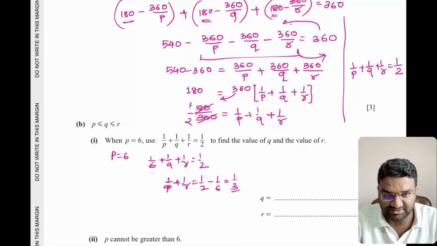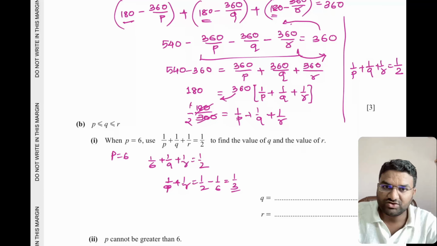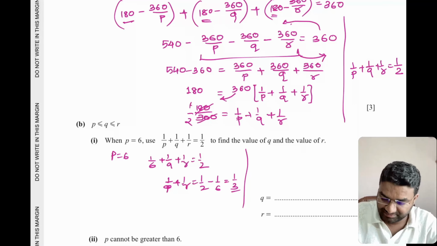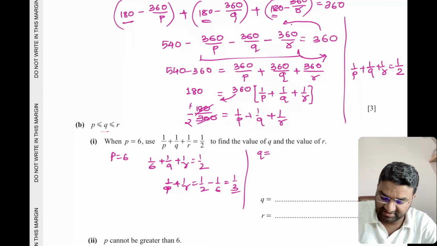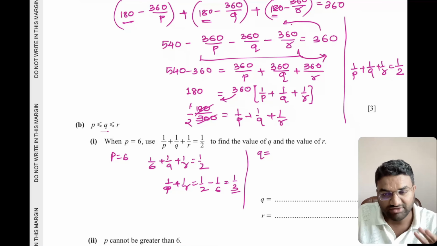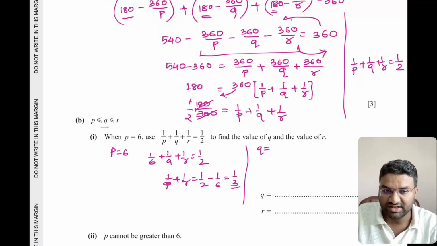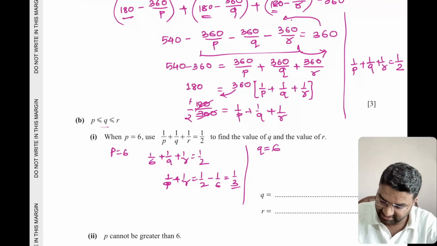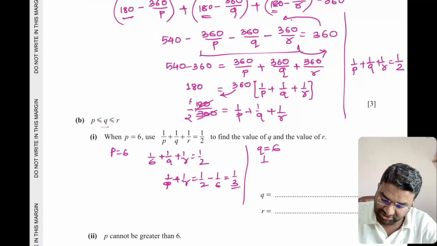That's it. Then next, we can take, let's say, q is less than or equal to r, and even equal is allowed, right? Let's assume q is 6. So we got 1 upon q plus 1 upon r is equal to 1 upon 3.